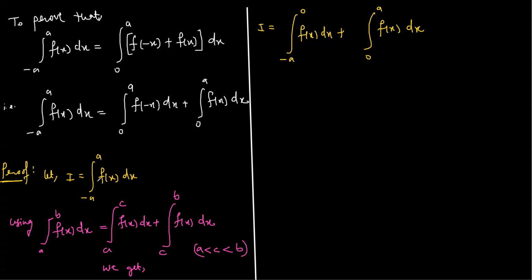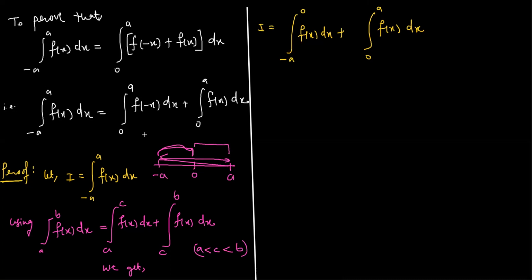If you see the interval minus a to a, with negative a and positive a, definitely 0 will lie in between. So instead of taking one complete interval, I break this into two intervals, take this interval and then this interval, and add them.